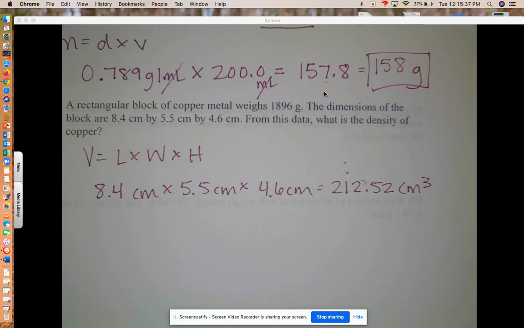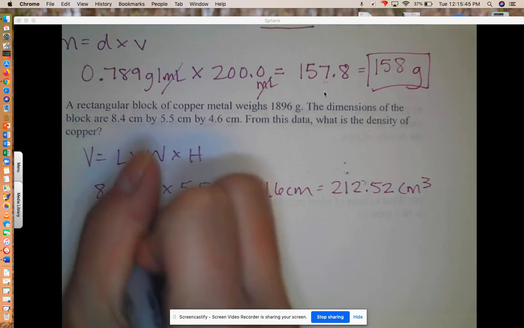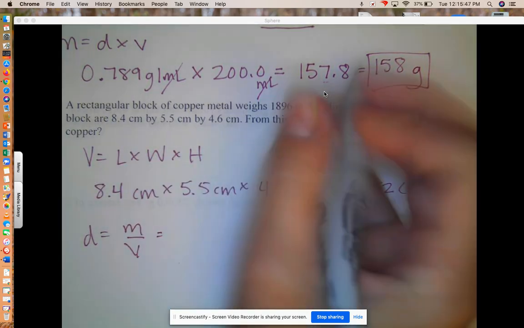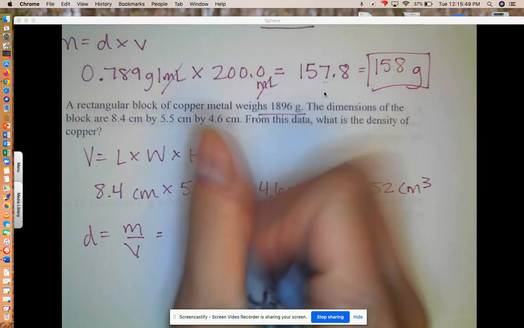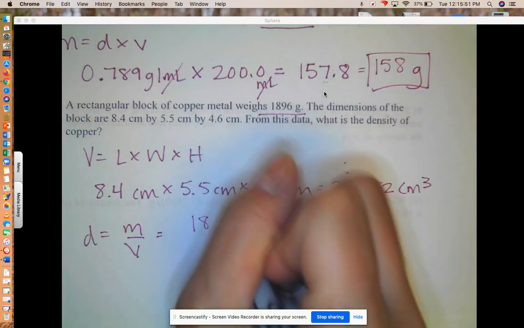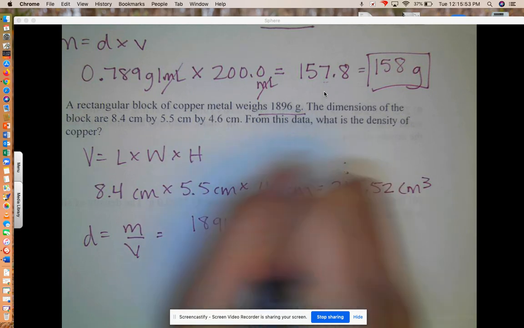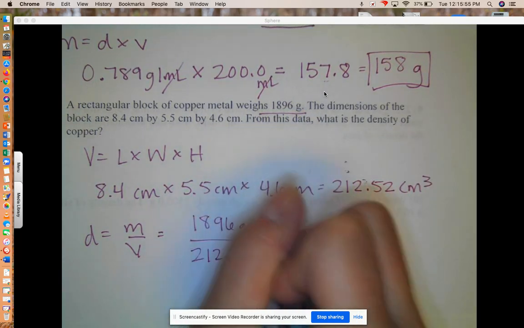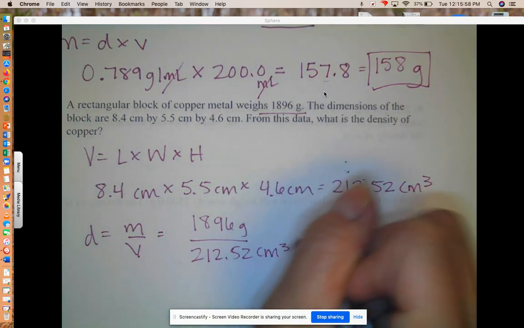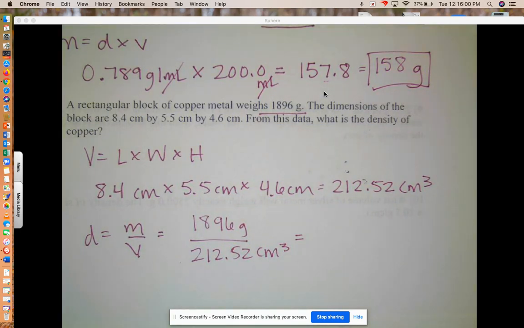Don't round in between when you have to use this number in another problem, because now you found volume, but you've got to use it in your density calculation. So your density calculation, here's my... I hate when it says weighs. It should say mass. At 1,896 grams, and my volume I calculated was that. If you round in the middle, then it's going to make your final answer less accurate.